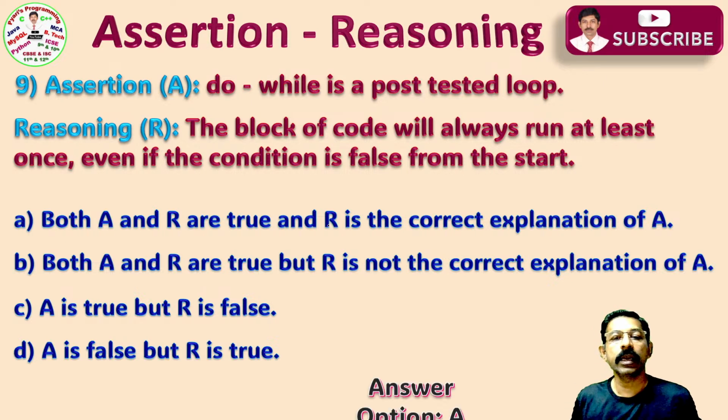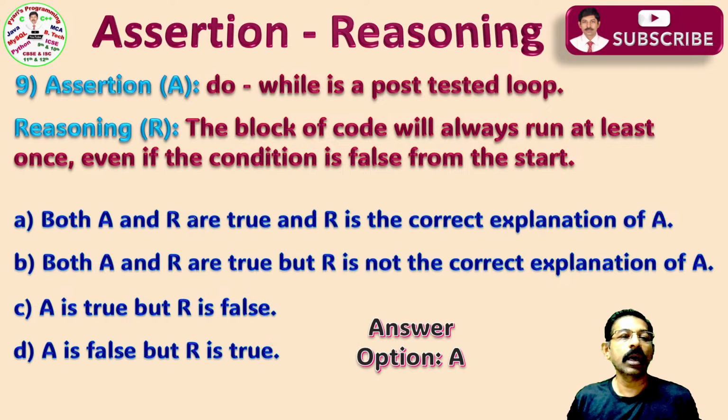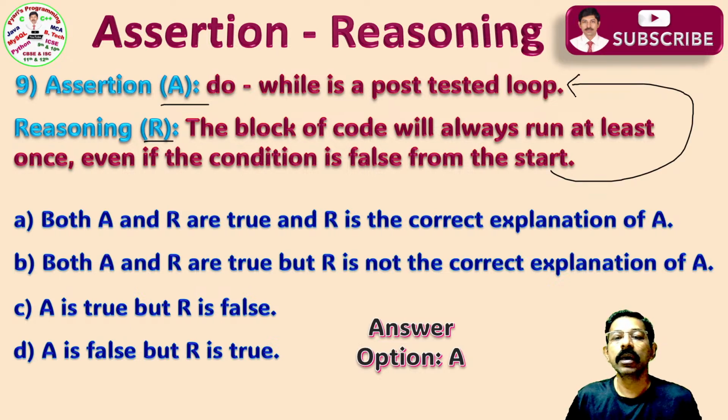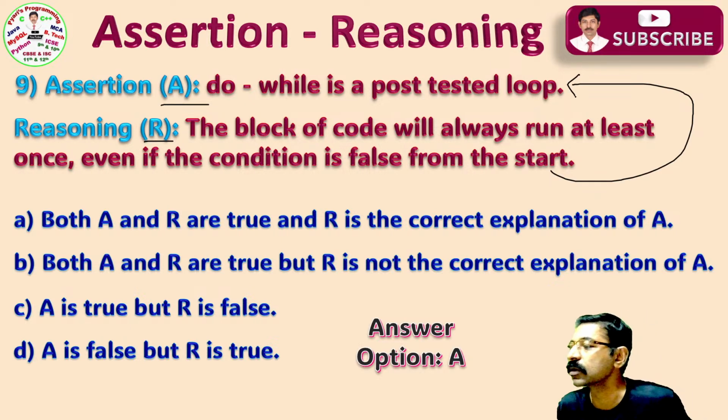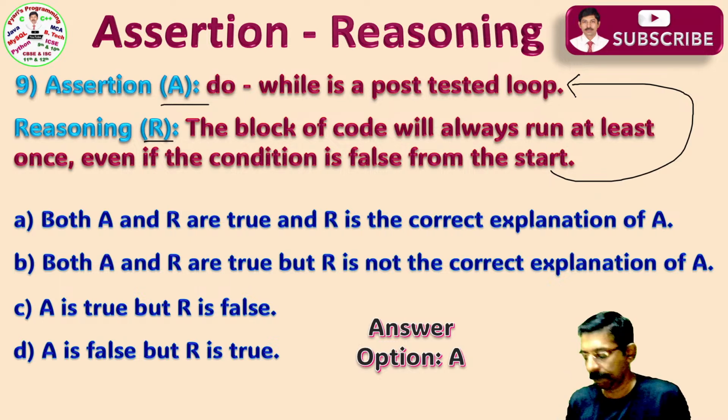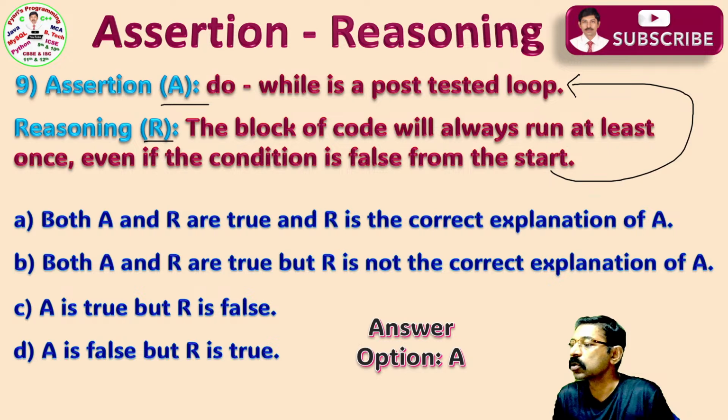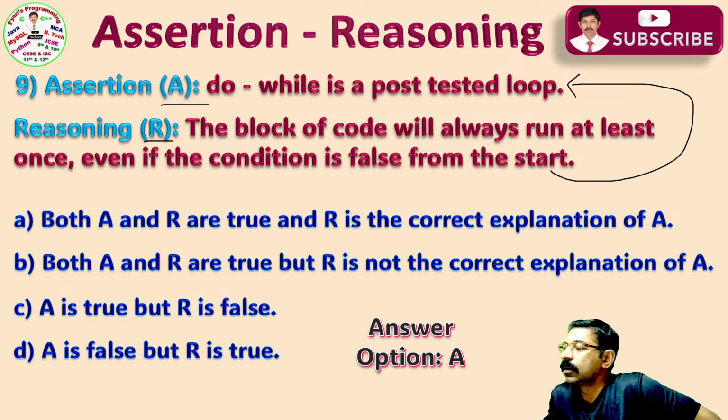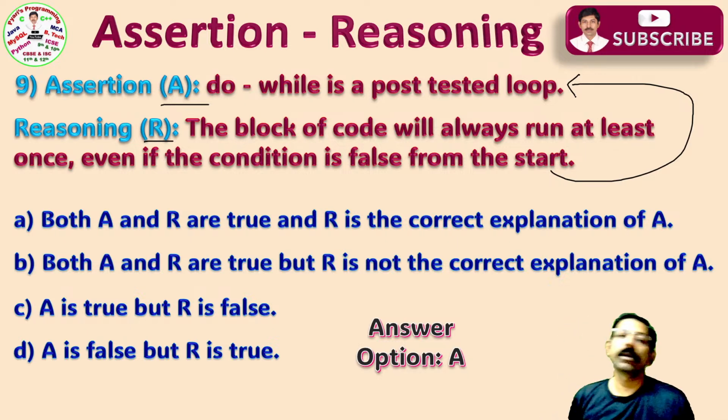So option A is the correct answer because assertion is true, reason is true, and reason perfectly explains the assertion. Post-tested means the test is at the end, and the reason reflects only that. Hence option A is true. Good.